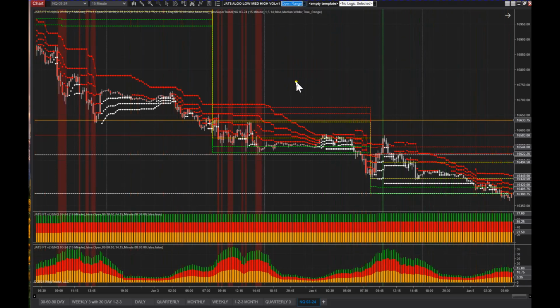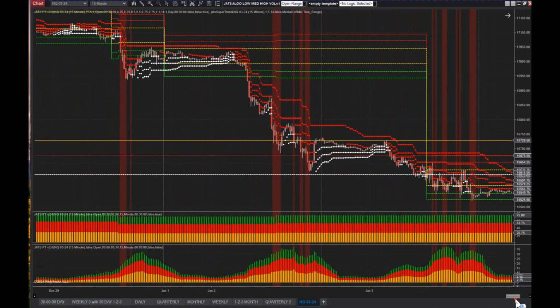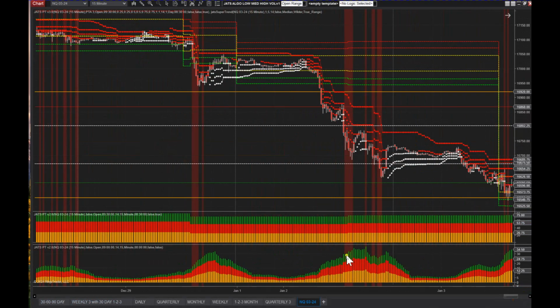But if you're an RTH trader, you basically want to try to set up intraday and trade according to your strategy. If you're trying to go long vol, you can set it up so that you're going long with the slope. So see here, it's setting up short with long slope on the PT2.